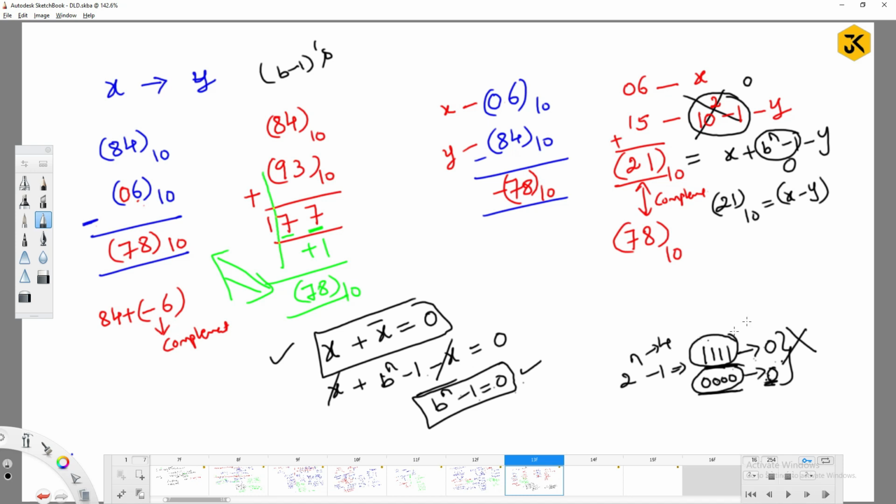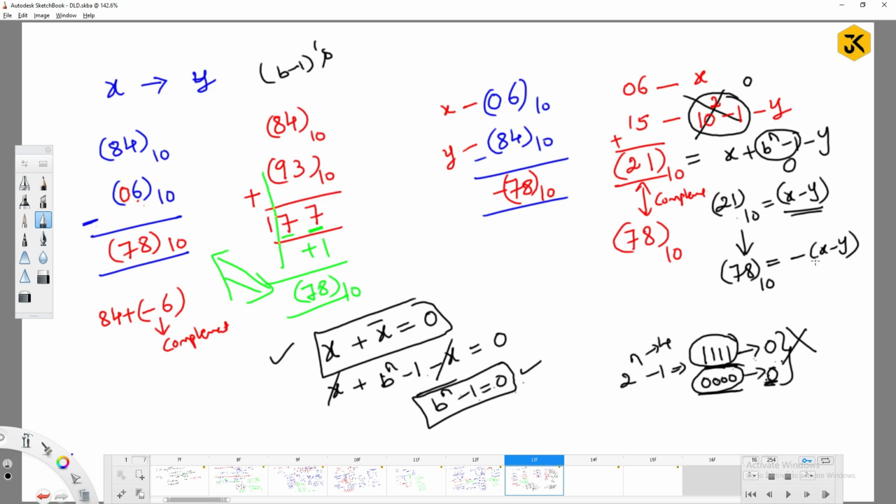Yes or no? Now, for this one, I am trying to find out complement. What is the complement of 21? 78 base 10. If I am going to find out the complement of 21, what about the complement of x minus y? Opposite side, right? That is minus of x minus y, right?